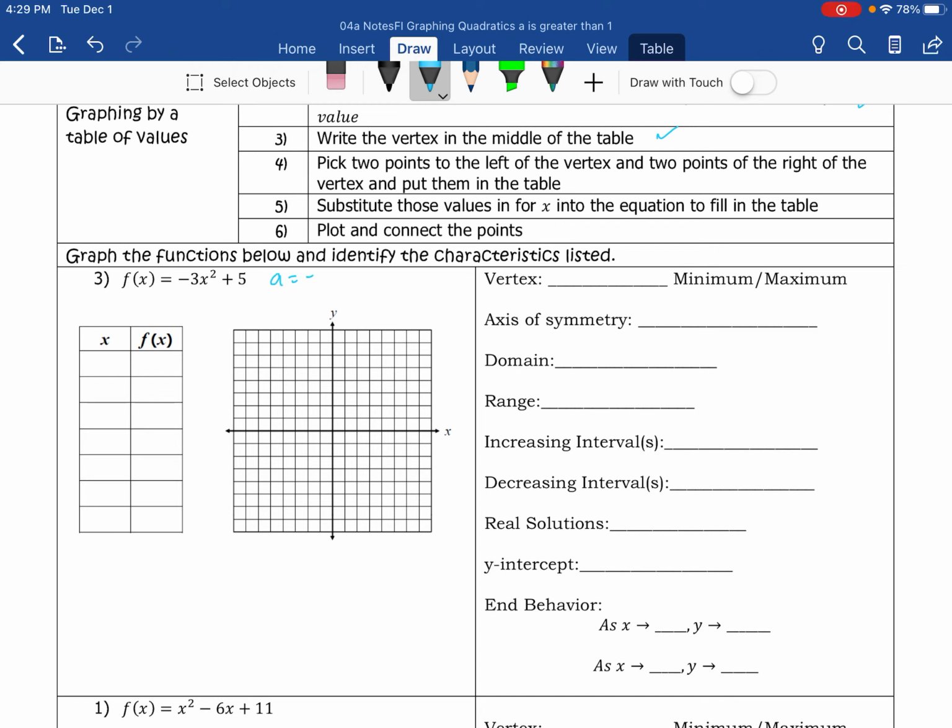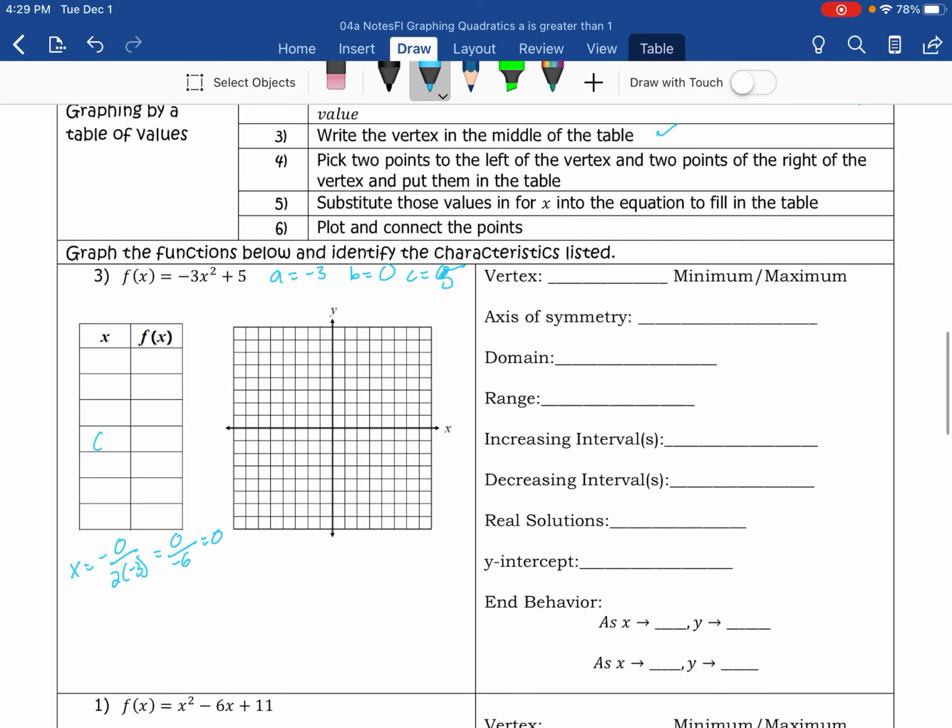For this, I know a is equal to negative 3, my b value is 0, and my c value is 5. So x is equal to negative b over 2a, which is 0 over negative 6, which is 0.